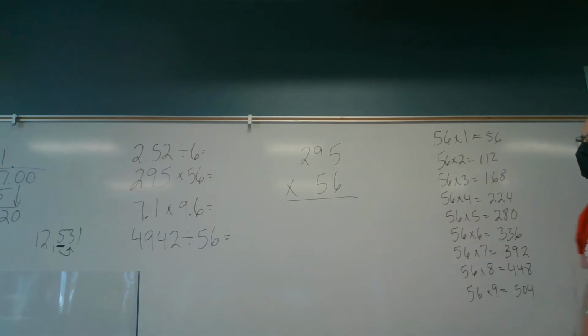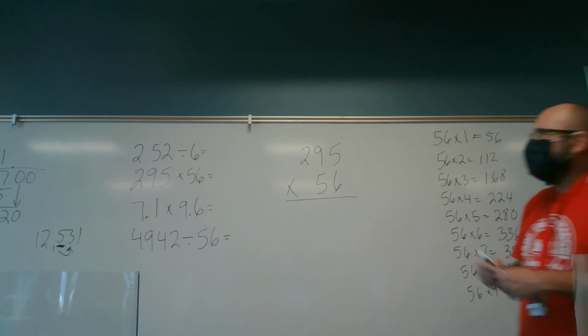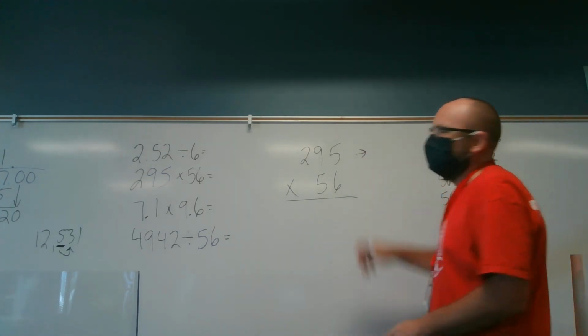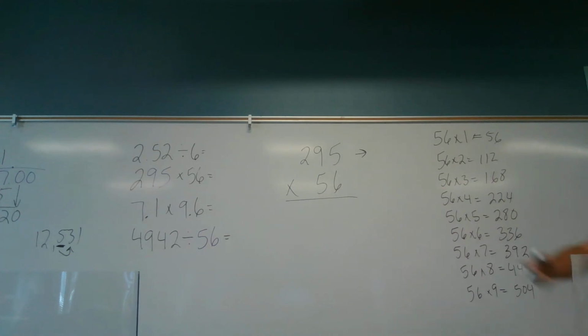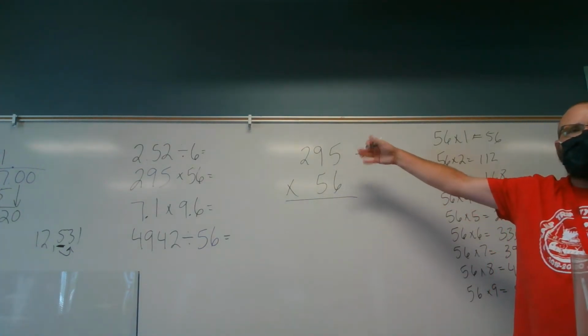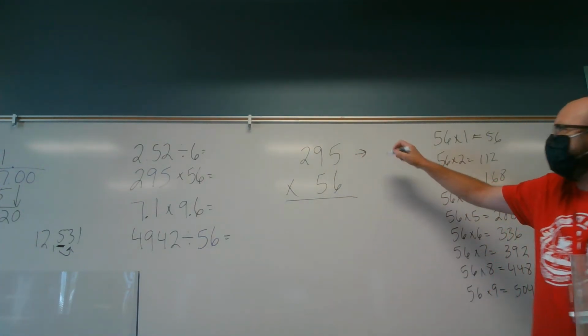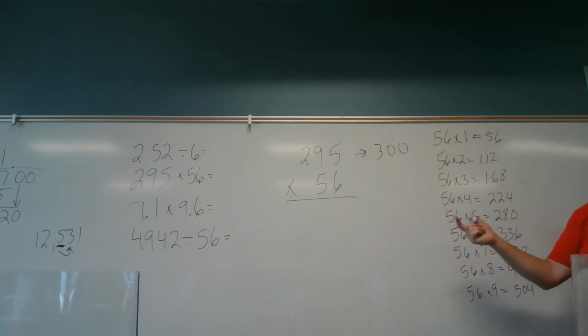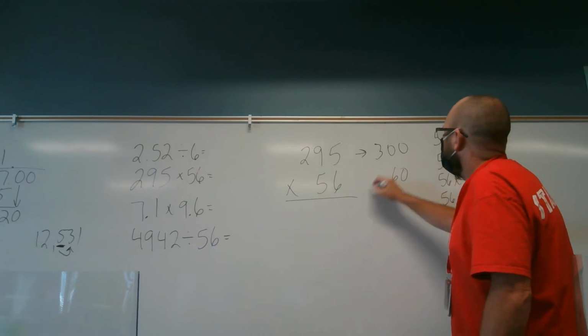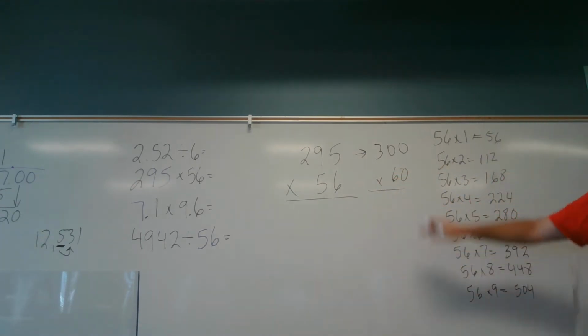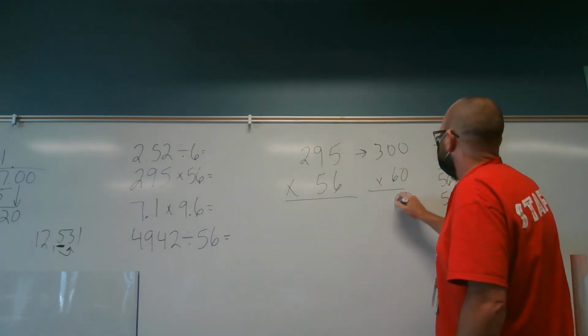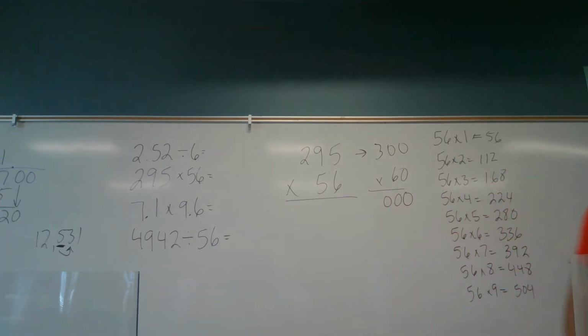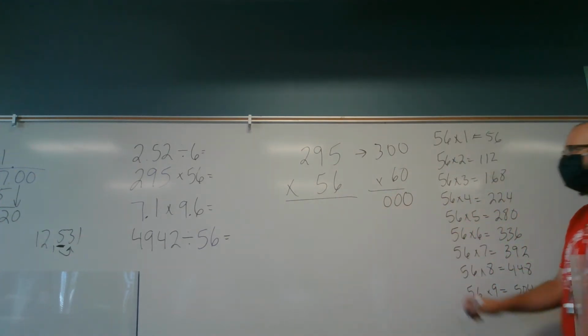Good thinking. All right, so if I estimated this, I want to get an idea what my answer is going to be close to. What is close to 295? 300. What's close to 56? 60. If I multiplied this, I'd take these 3 zeros down. 6 times 3 is 18.